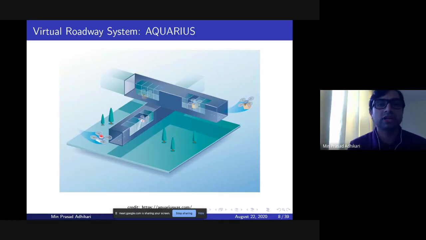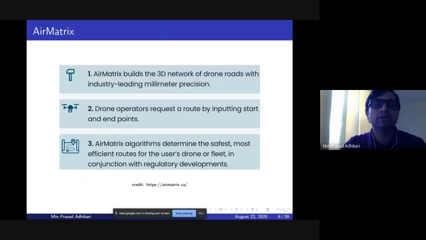Companies like AQUARIUS are working towards a fixed roadway system in the sky, where quadcopters will be able to fly on a specific road and deliver parcels to the door. The second example is Airmetrics, which says it builds a 3D network of drone roads with industry leading millimeter precision.